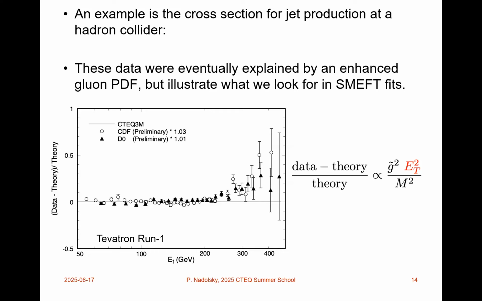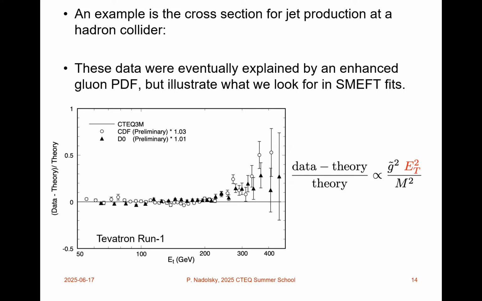The contact interaction will go like ET squared, the energy of the jet, divided by m squared, the mass of the particle, times some effective constant that arises from the spinor terms. So you expect to see enhancements relative to theory.